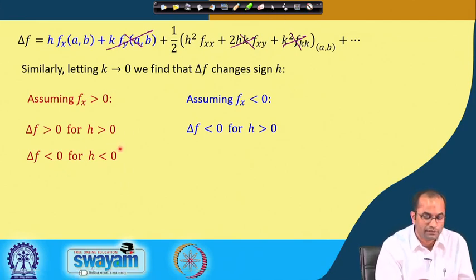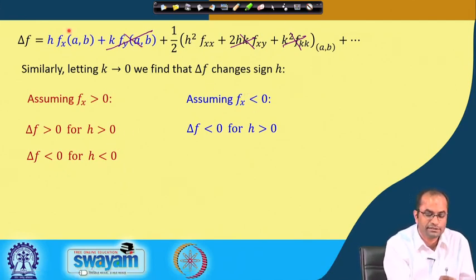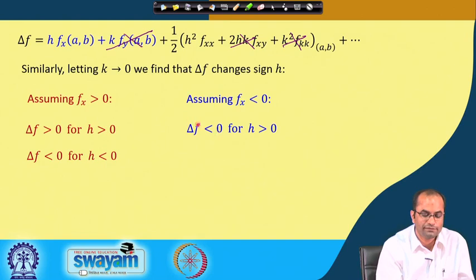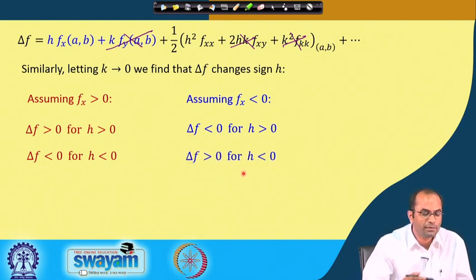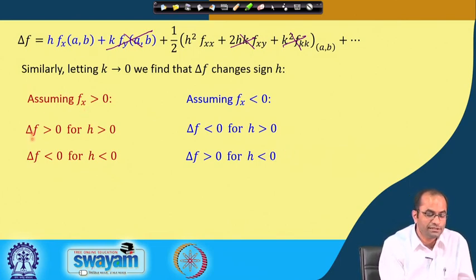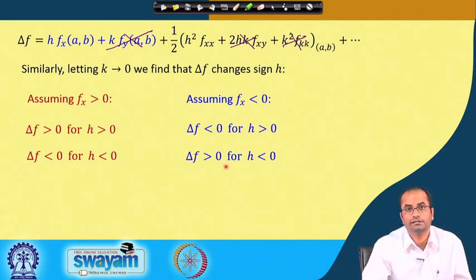Here, assuming f_x is less than 0, the sign will now depend on h. So, if h is positive, delta f is negative, and if h is negative, then delta f is positive. Again the same argument: in the neighborhood of this point (a, b), delta f is changing sign, whether it is positive or negative.